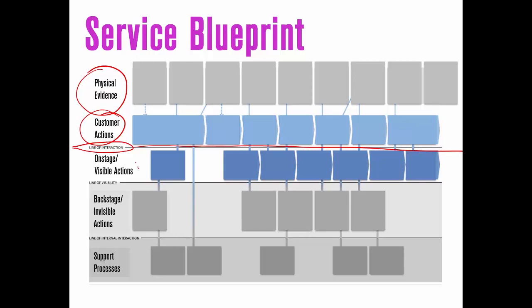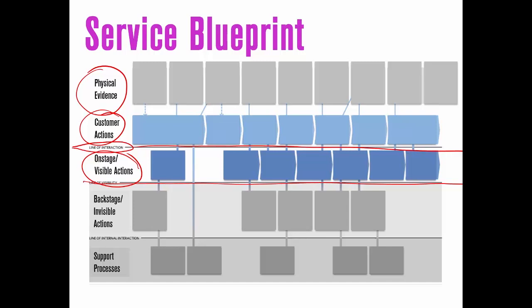There's something called the on-stage or visible actions, which is just above what's called the line of visibility. These are all the visible interactions between the customer and the service provider, right? So you are the customer at this hotel. The service provider is either the concierge or someone who's standing behind the desk who's actually giving you a key and giving you the service that you need, checking you in.